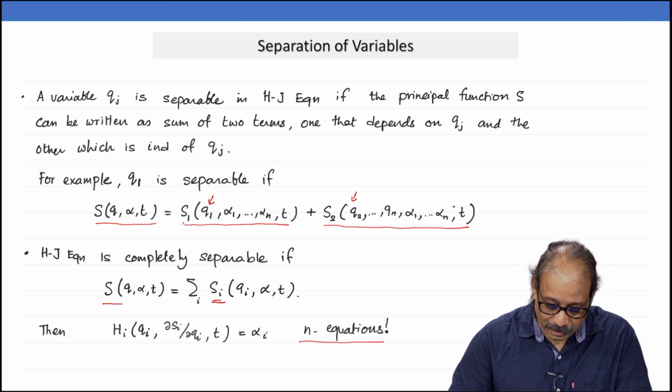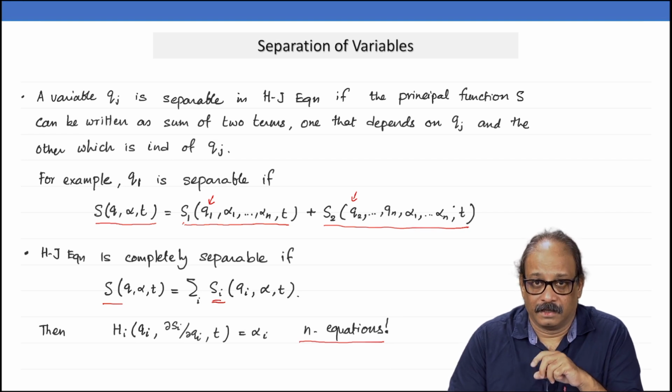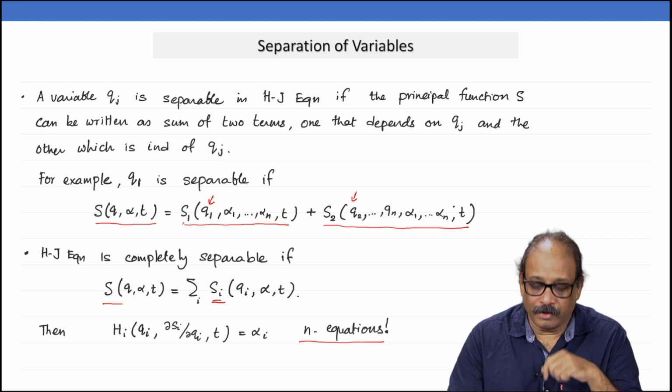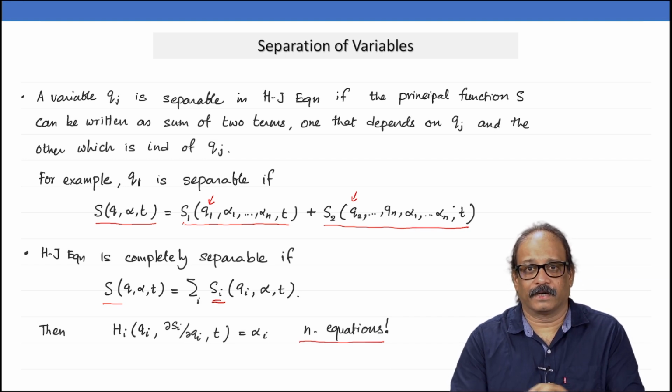So, this is what will happen. The Hamilton-Jacobi equation, which is just one single partial differential equation with n plus 1 independent variables, now boils down to n partial differential equations, each with just two variables, individual q i and t.